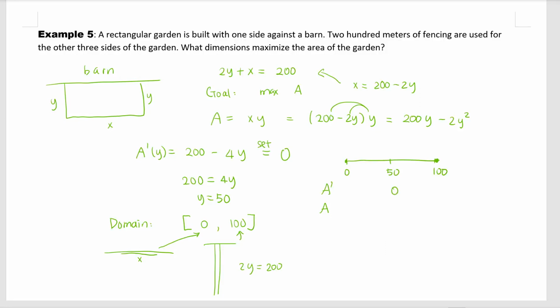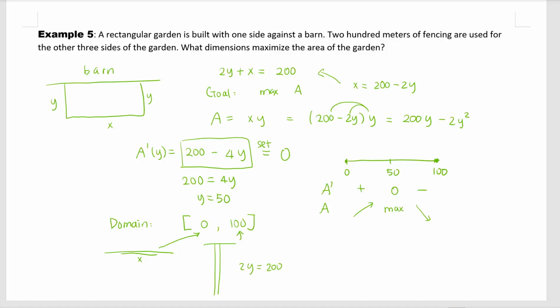And on the outer intervals, we want to pick a point here, but 0 is here. So let's plug into A prime. We plug in 0, we get 200. 200 is positive. And when we plug in 100, we get 200 minus 400, which is negative 200. So we get negative. So that's why A is increasing and then decreasing. Then this guy is the maximum.